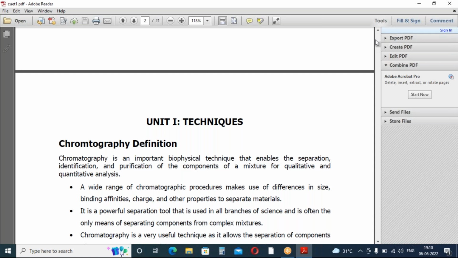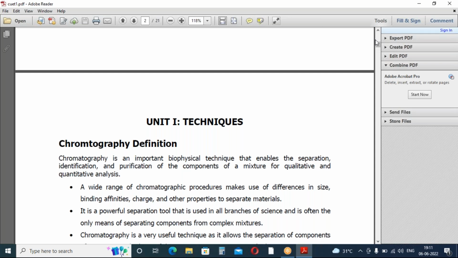what we have to do for the extraction of different biochemical molecules or for the separation of different molecules. That mainly consists of different techniques like chromatography, electrophoresis, PCR, blotting techniques, and radioactive isotopes.